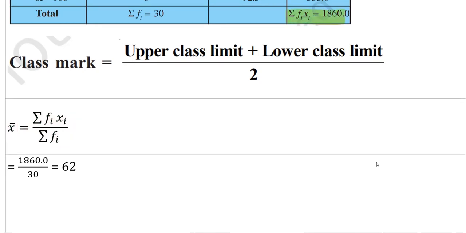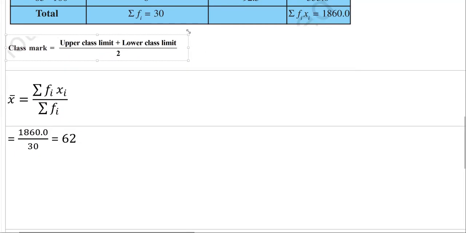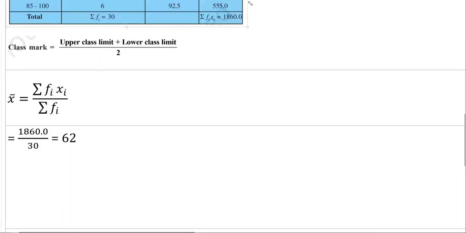We have sigma fi xi as 1860 and sigma fi as 30. Dividing this by this, we get 62. Although the methods are different, in each case we'll find the same value for the mean. So let's go to the next method, that is the assumed mean method of finding the mean.